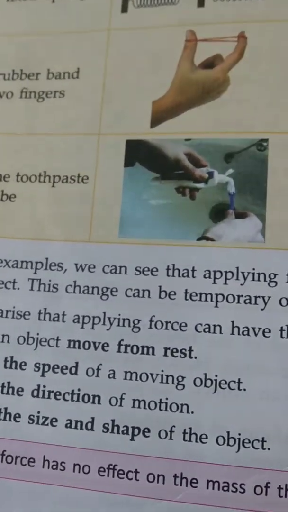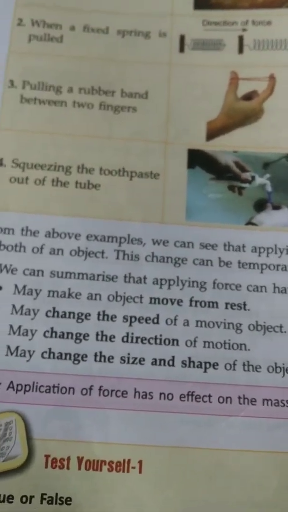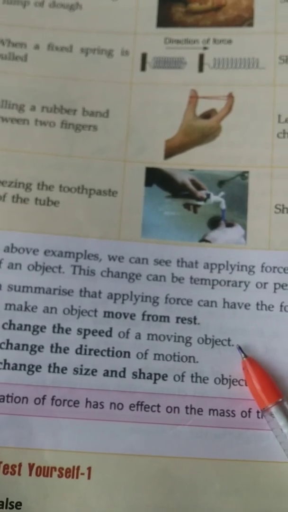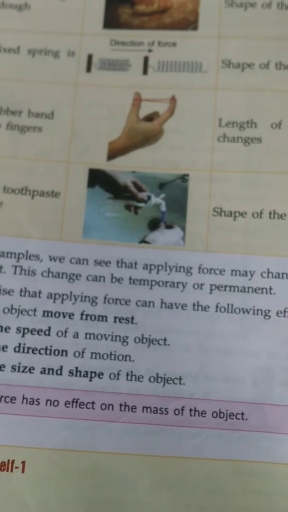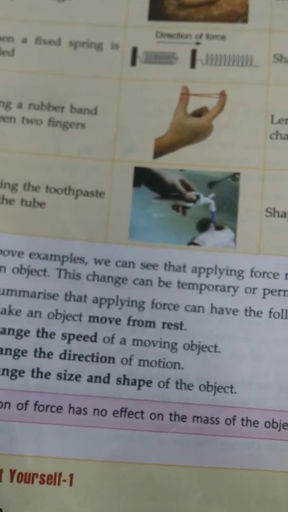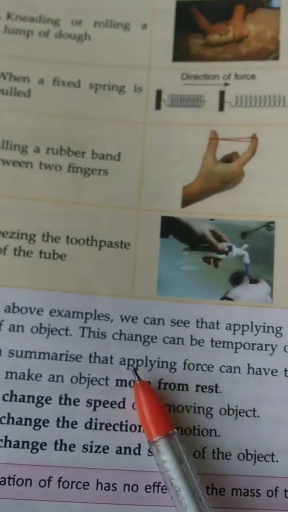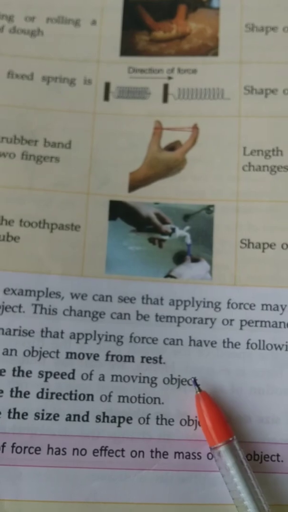In this way, you are able to know about the effects of force. From these given examples, what you come to know is that when we apply force, it can change the size or shape of an object. Sometimes a temporary and sometimes a permanent change will be there.